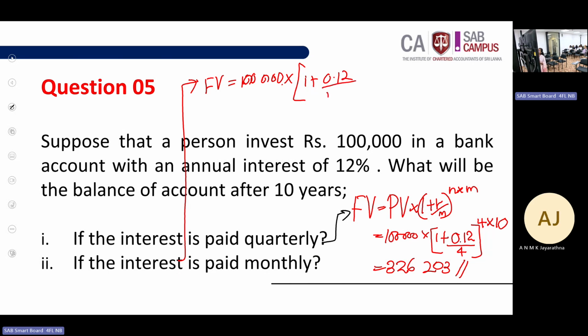We are going to have now the interest for 12 months, so therefore it should be divided by 12, and 10 multiplied by 12. The answer is 330,038. So these are the two balances. Clear? Good. If you have any questions, you can ask.